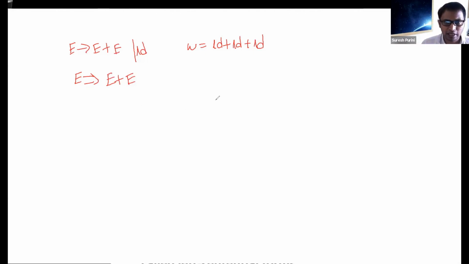So here we have E plus E. We pick the first non-terminal symbol and expand it, and in the tree representation it will be this.